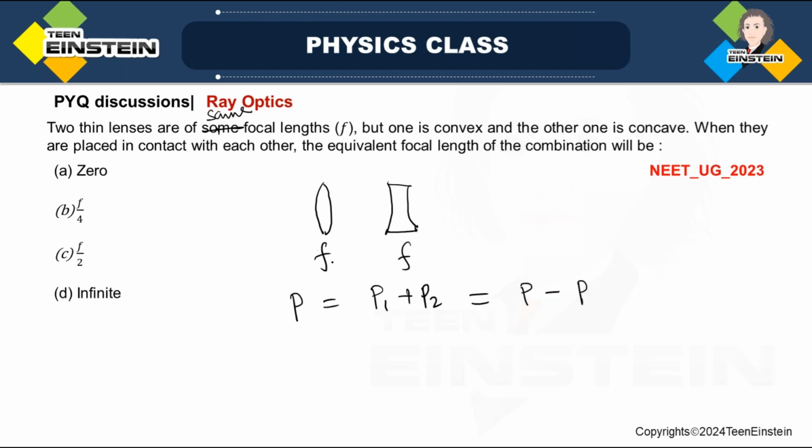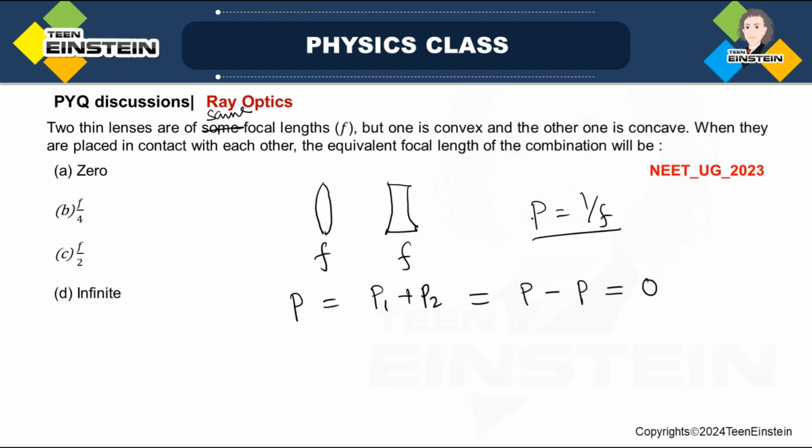Since both have the same focal length, and power is the inverse of focal length, the power of the combination will be 0.